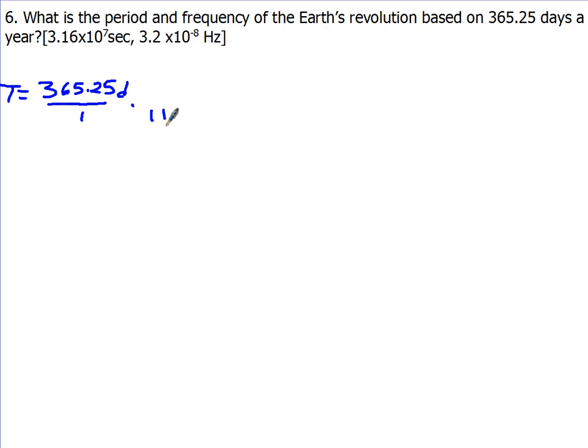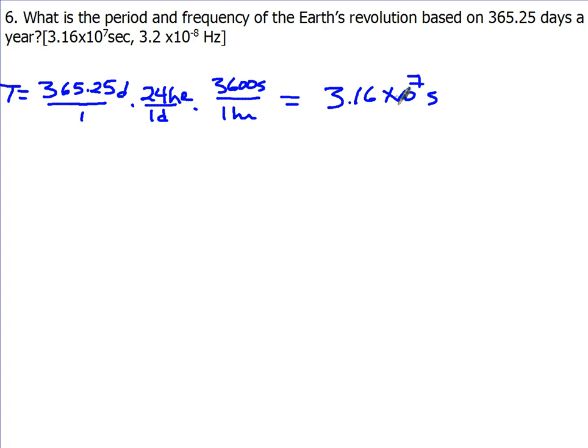So 1 day is 24 hours. And 1 hour is 3,600 seconds. Multiply straight across. 365.25 times 24 times 3,600. And I get 3.16 times 10 to the 7th seconds.